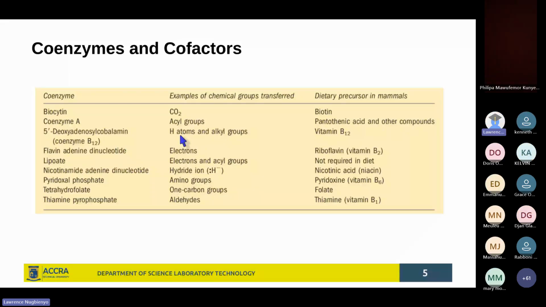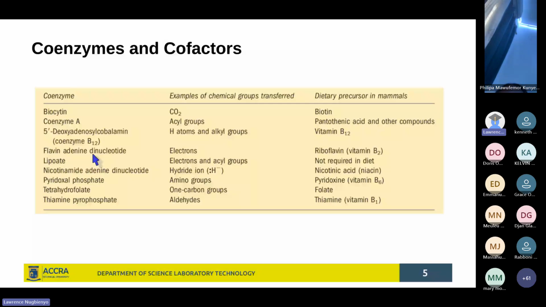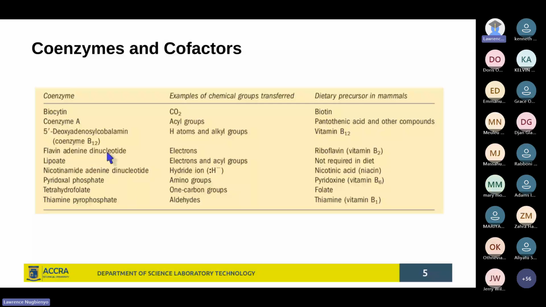We see also flavin adenine dinucleotide, which you usually see in biochemical reactions written as FAD. Sometimes in its hydride form, you see FADH being written, also involved in the transfer of electrons. That tells you that it is involved in oxidation reduction reactions.